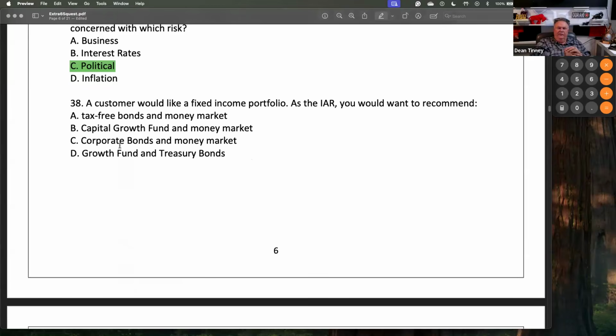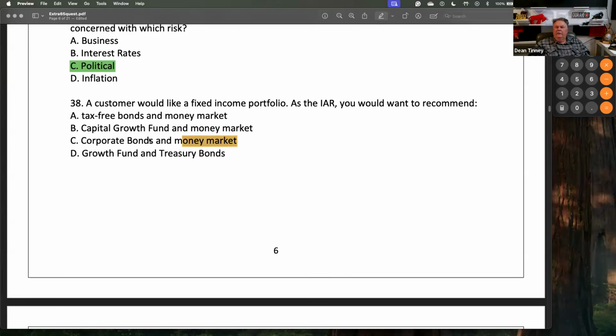A customer would like a fixed income portfolio. As an IAR, you would want to recommend... It's C. Yeah, good job.